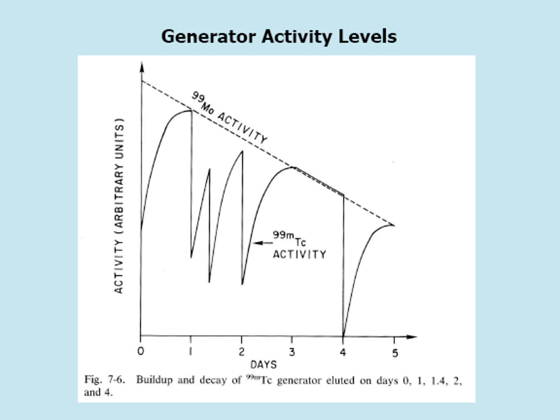In the technetium-molybdenum generator system, the technetium will be eluted at various time intervals, and usually it is eluted once daily, in order for you to get the maximum radioactivity of Tc-99m from the molybdenum-99.